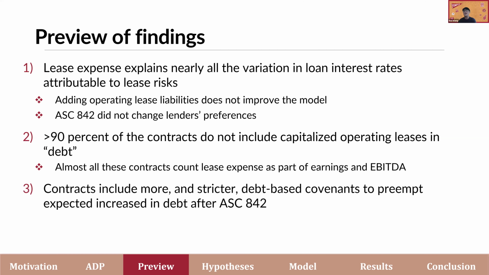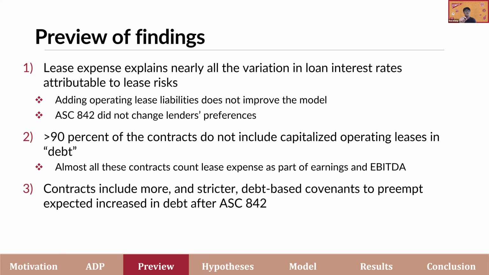We do find some unintended consequences of ASC 842. When you switch from ASC 840 to ASC 842, borrowers lost a lot of the off-balance sheet benefits they previously enjoyed. So borrowers would have more incentive to go from leasing to borrowing, right?